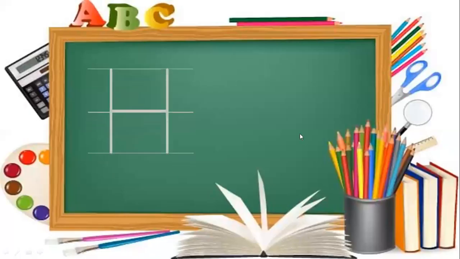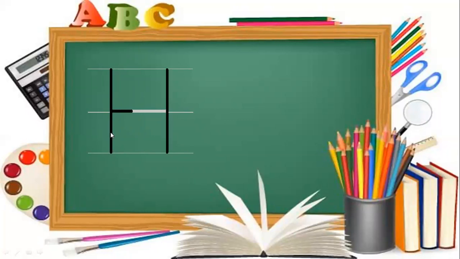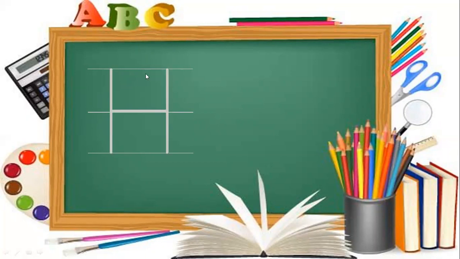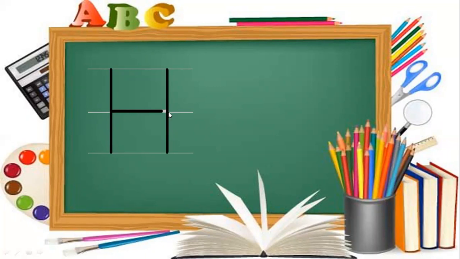Now our next letter is H. It's too easy. Draw a standing line from the top to the bottom and draw another standing line opposite to the first one from the top to the bottom and join these two standing lines with the sleeping line in the middle.